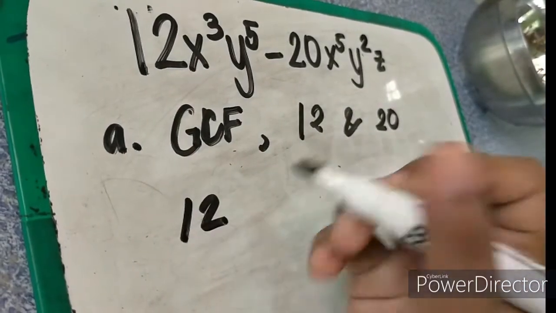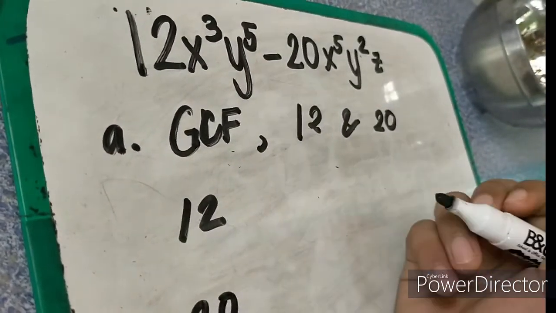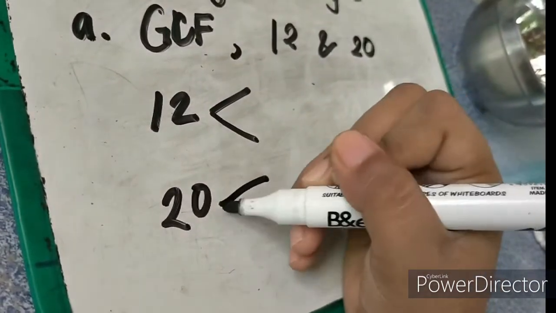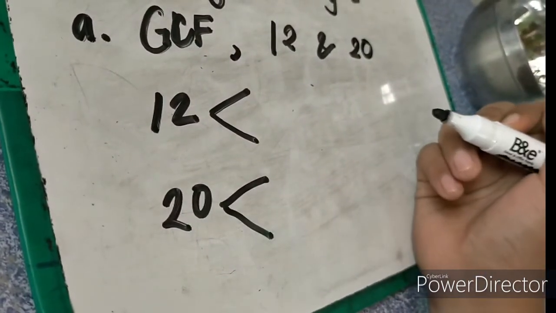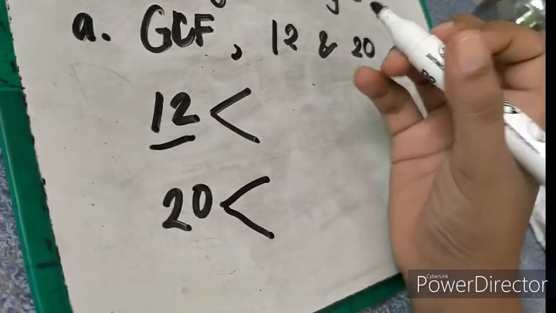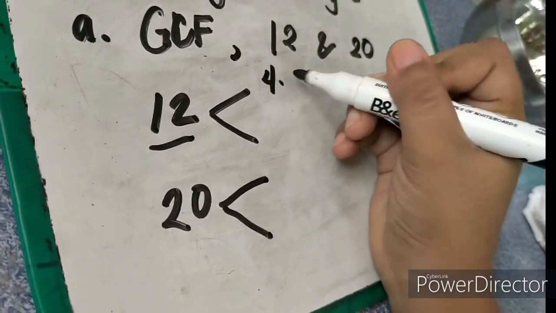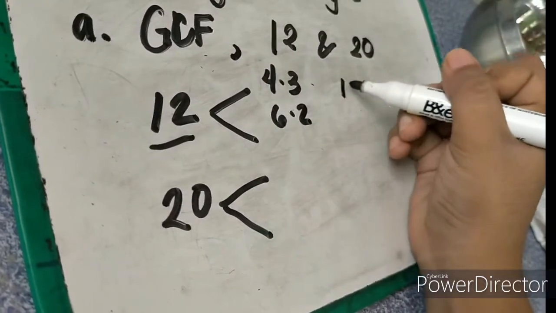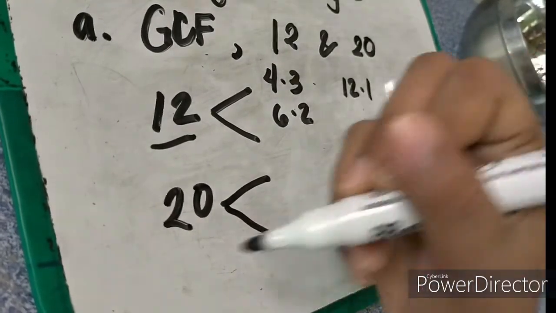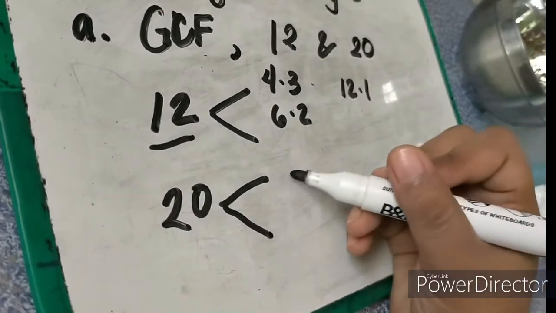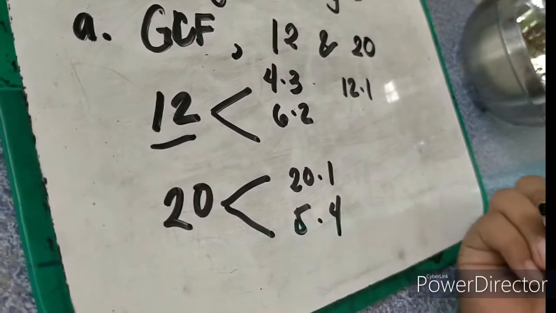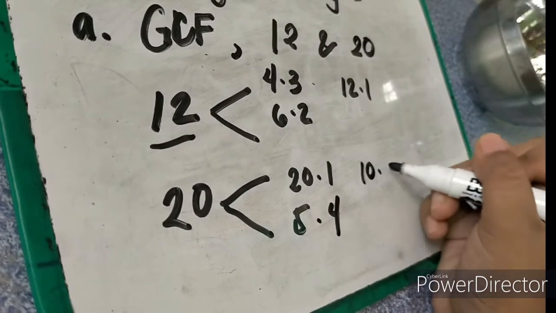Kung medyo nalilito kayo, we can write down the factors of the two. So, in finding the greatest common factor, let's have the factors of 12. We have 4 times 3, 6 times 2, 12 times 1. How about 20? We have 20 times 1, 5 times 4, 10 times 2.